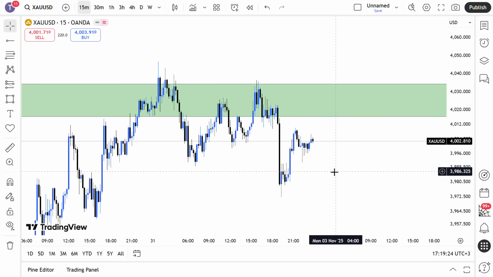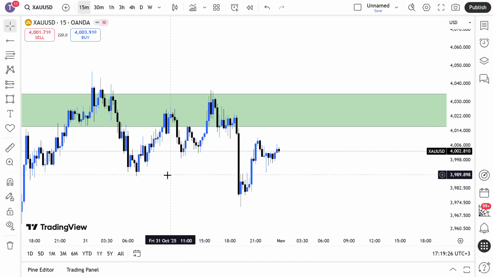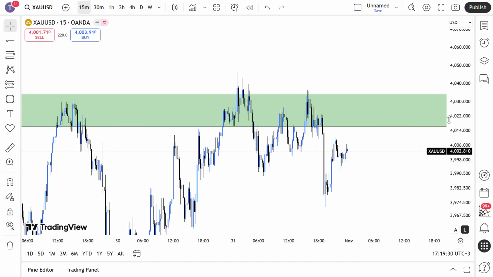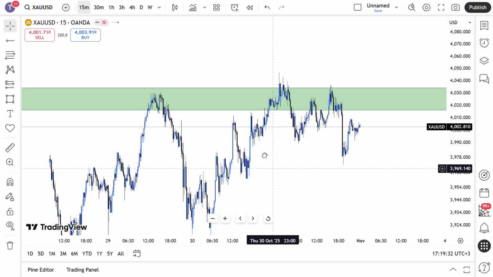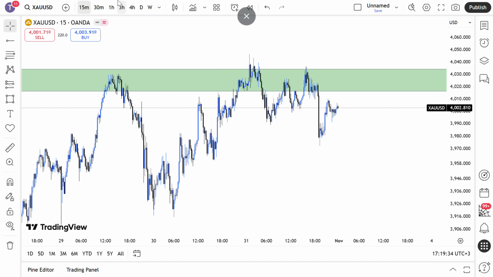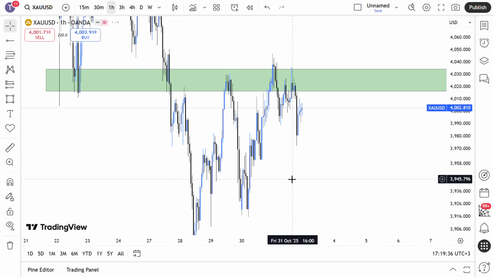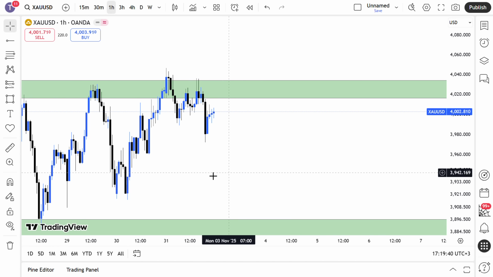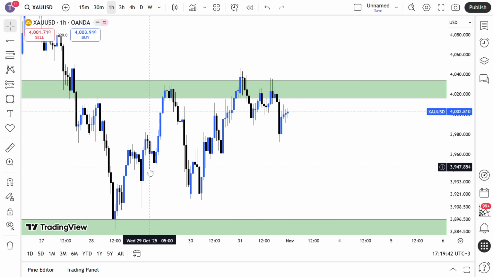So at this point here, we had an internal structure to this high, and then at this point, if I go to the 1 hour time frame, I have a break of structure. So I'm not going to ignore that because this low swept this internal structure before going up to break structure. So I have a valid break of structure.